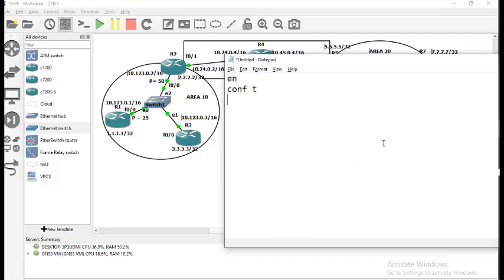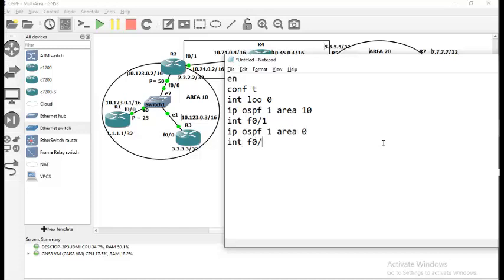Nice. I'm going to do for router 2. Enable, configure terminal, interface loopback 0, ip ospf 1 area 10. And then interface F0/1, ip ospf 1 area 0.